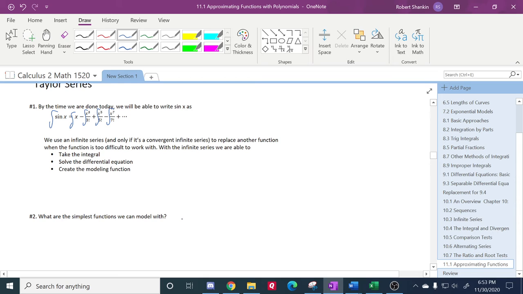Now that gets very complex, but linear would be like f of x is ax plus b, and then slightly more complicated, you go second degree, and then next go third degree, and so on. And all these simplest functions we can model with are what we call polynomial functions.